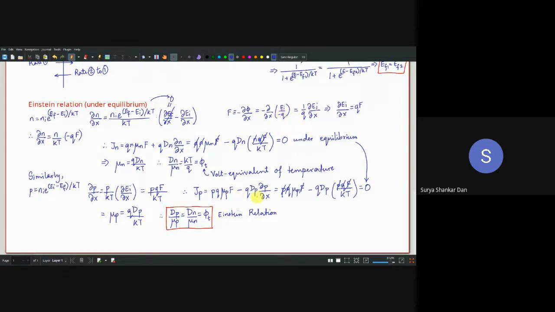When we are dealing with the holes, ठीक है, जब हम यहाँ पर del p del x, sorry, del ei del x, हाँ यहाँ पर look at this, del ei del x को हमने यहाँ पर qf लगाए हैं ना. What they thought is, since this was for minus q for electrons, for holes it will be plus q.